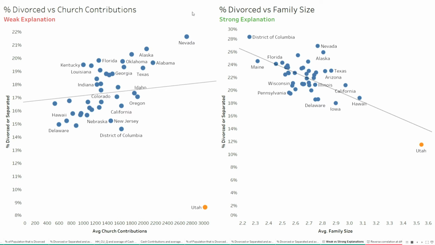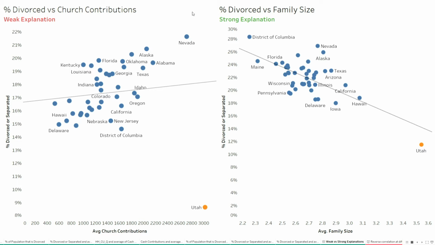Whereas the second explanation is saying that, in general, states where people have large families have low divorce, presumably because they value family, and people who value family are less likely to get divorced. So that's a much stronger explanation: to say something that is true in general, and then describe how that thing that is true in general also applies to your data point of interest.